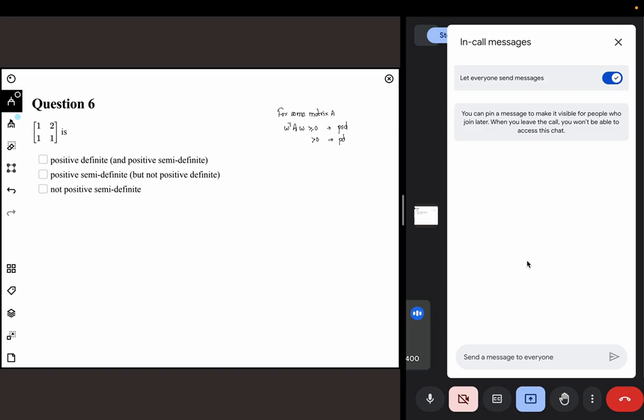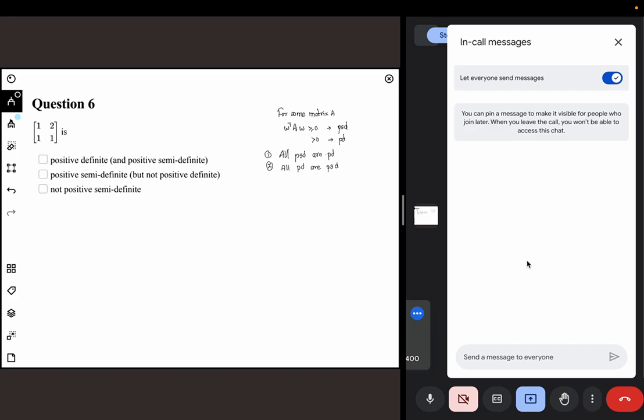Before even solving it, let me ask this question. Which of these two statements is true? Statement 1: all positive semi-definite matrices are positive definite. Statement 2: all positive definite matrices are positive semi-definite.